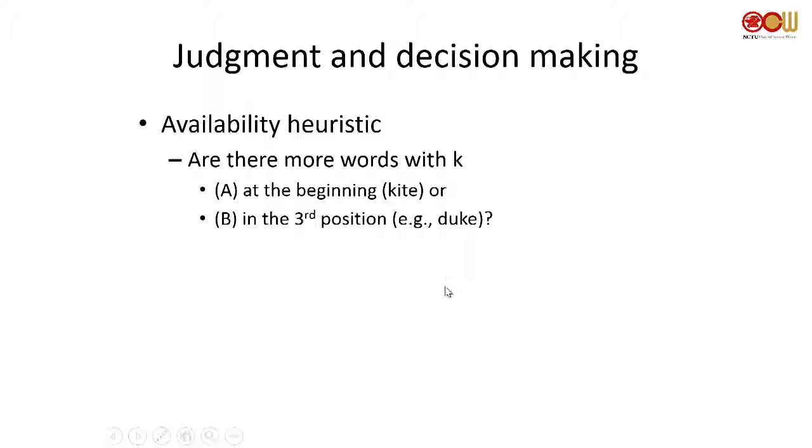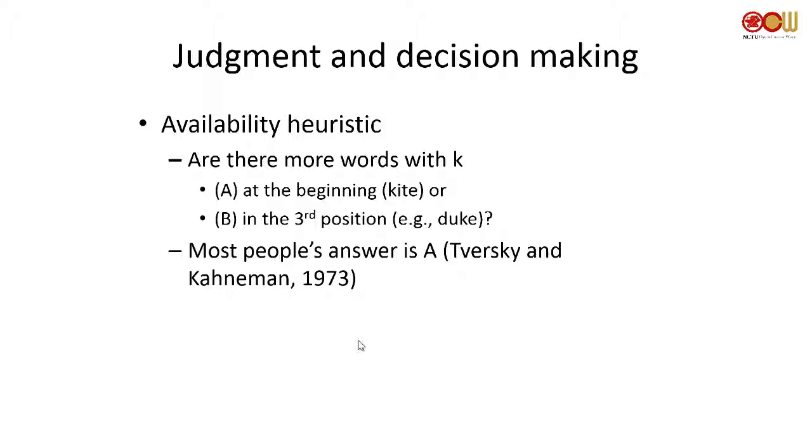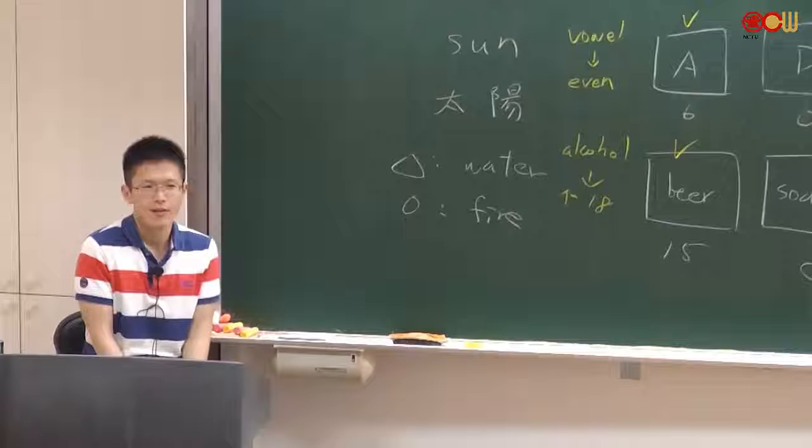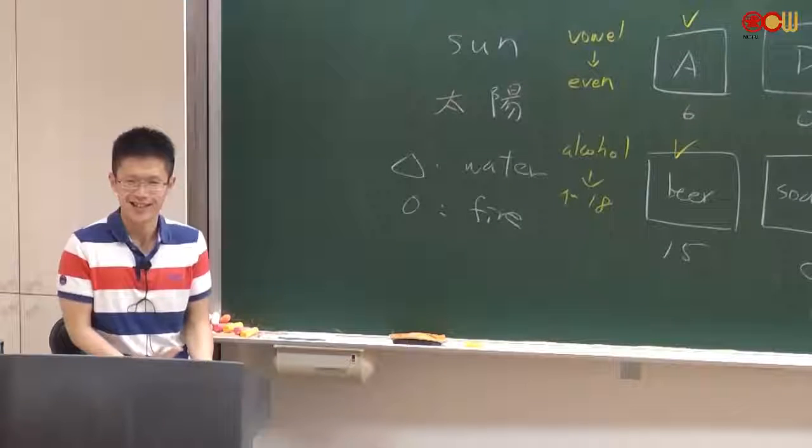And they asked English-speaking subjects which kind of words are more numerous. The answer is the third. Actually, if you look at an English dictionary, there are more words with K in the third position than K in the first position. But of course, you will probably say that no one is really reading a dictionary.